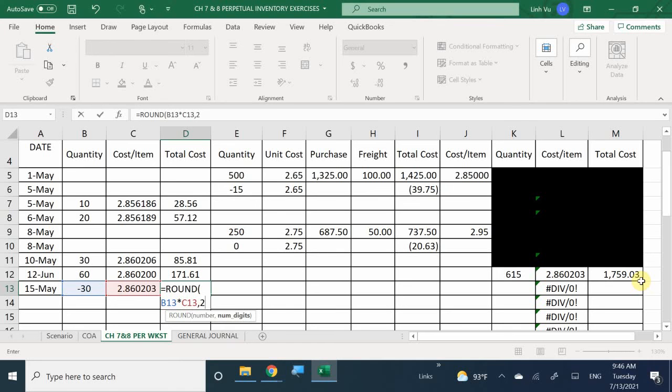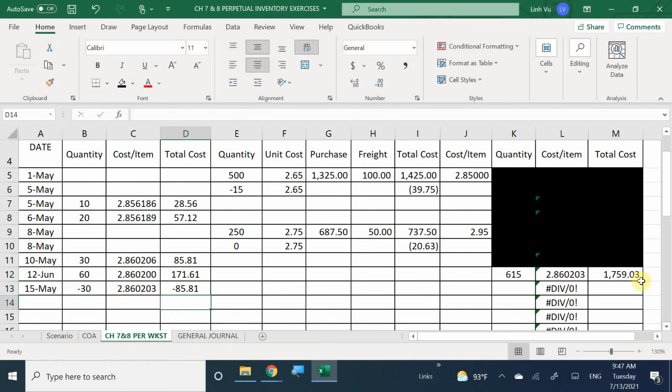The total cost that you're returning back into your inventory. Yes. So if it cost me $2.86 and I'm returning 30 of them, what's my total cost of goods sold that I'm refunding? 85.80. 85.81. Okay, you have to round up.